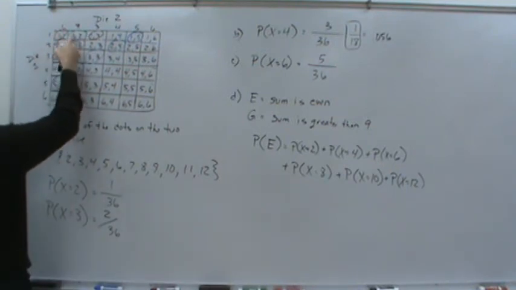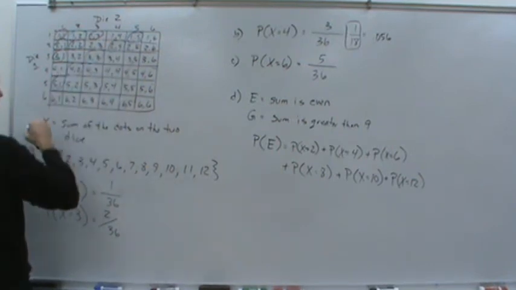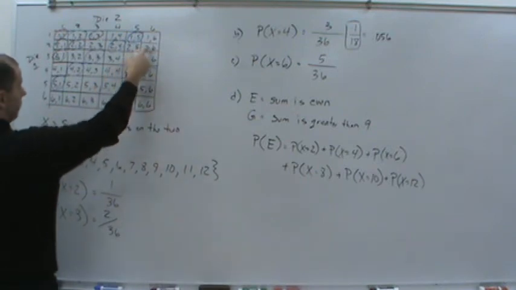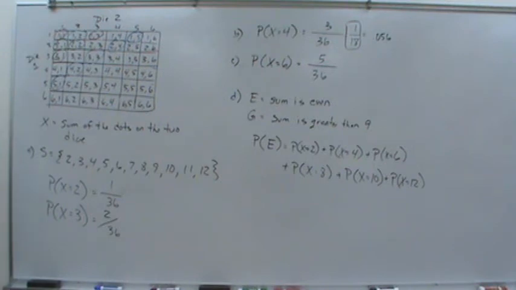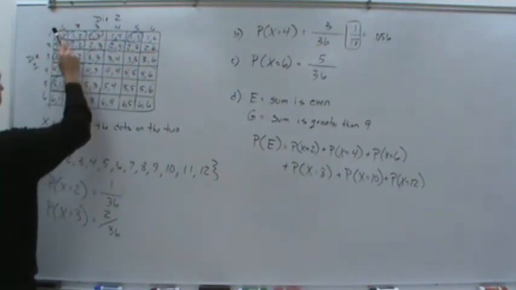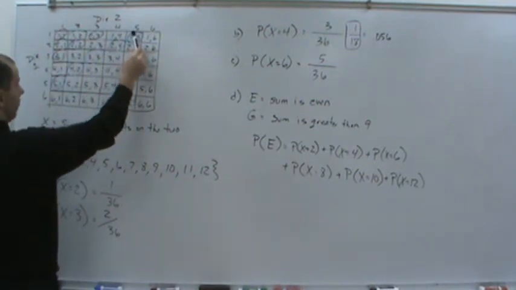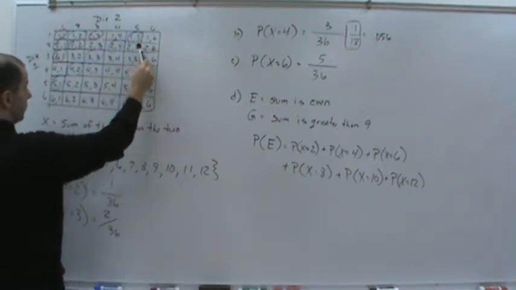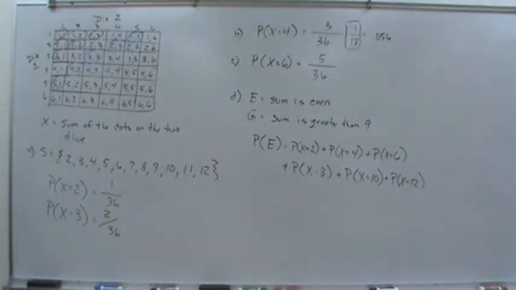So 2, 4, 6, and then 8, and then 10, and then 12, okay? So if I count those, this is 1, 2, 3, 4, 5, 6, 7, 8, 9, 10, 11, 12, 13, 14, 15, 16, 17, 18. So I get 18 out of the 36.